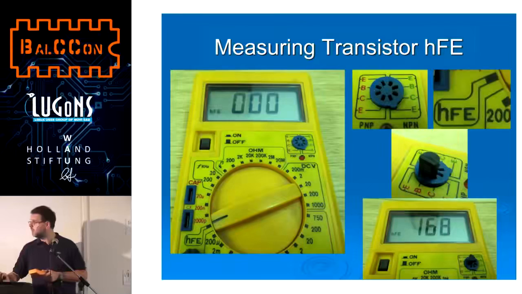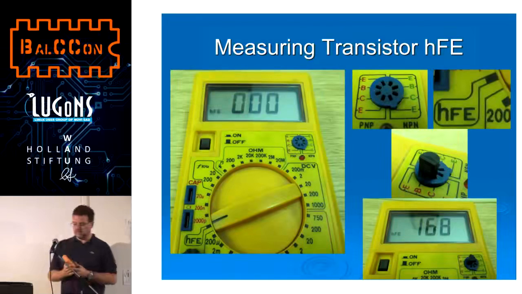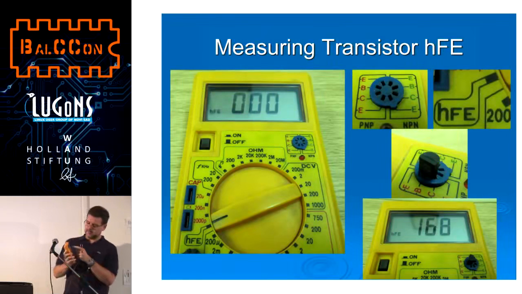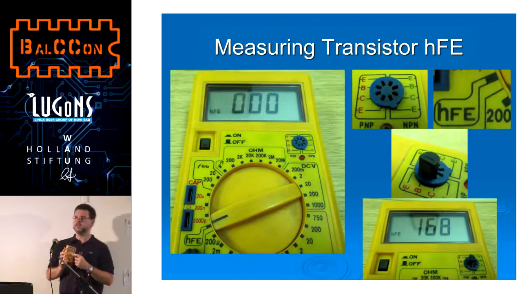How is it used? Well, you first have to know the pinout of a transistor: emitter, base and collector. Put the transistor in the PNP or NPN slot. Put emitter to E, base to B, collector to C.